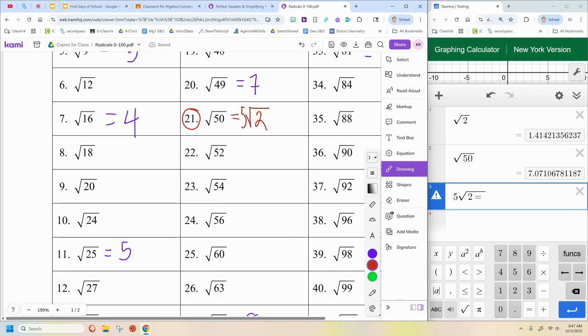Well, that's because the square root of 51 can't be simplified. It's kind of like the fraction 7 over 10, right? 7 over 10 is as simple as it can get. So there are radicals that cannot be simplified, and there are a few that they trick you on, so just be careful there. But that's why there are things that are missing. All right.